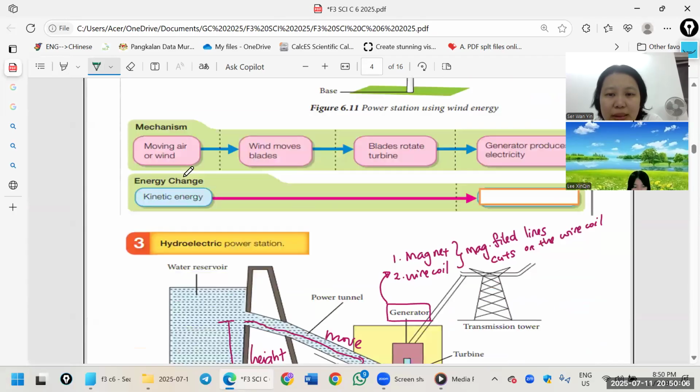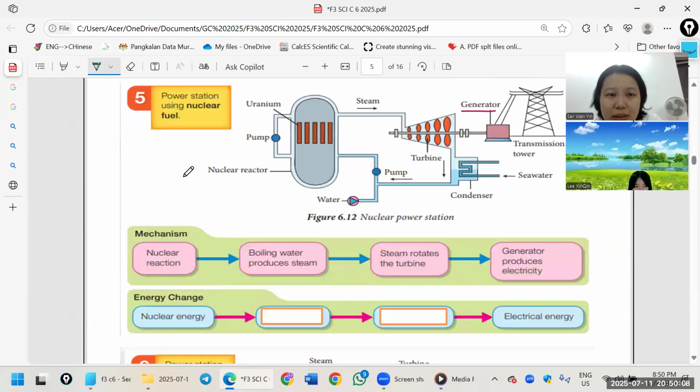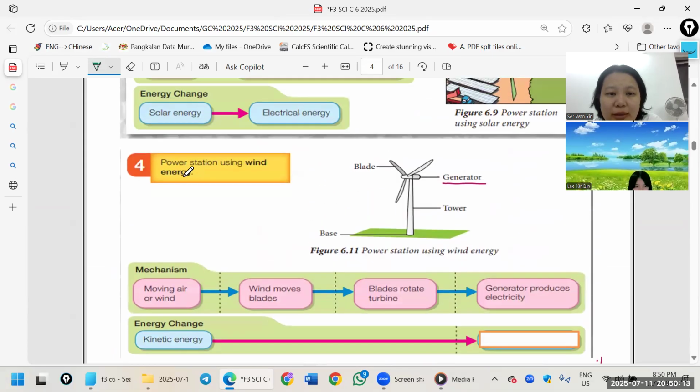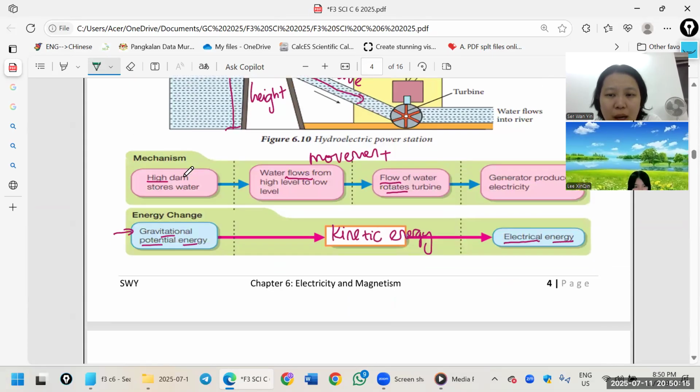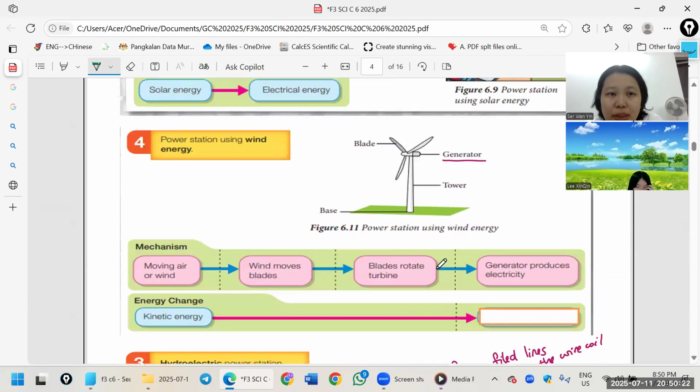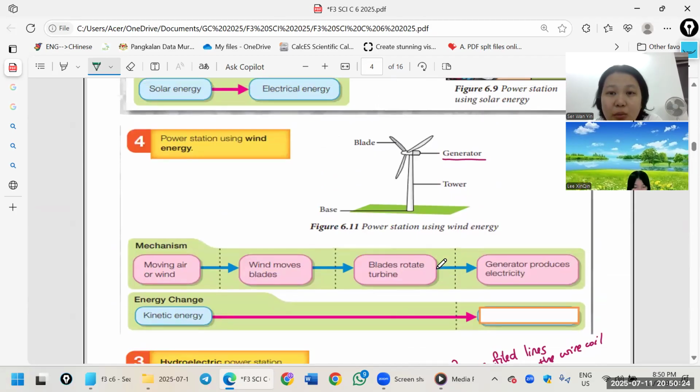Okay, so now next we look at wind first. Page 4, wind. Power station using wind energy. This generator is very tiny. Same thing. By the way, for a wind turbine, we use the blade.